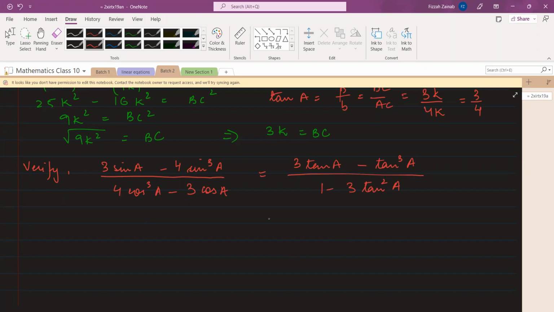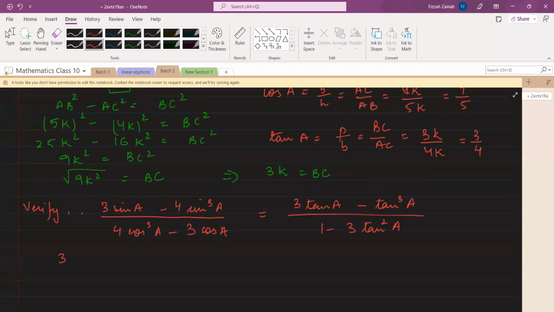So you can put it here also and then we will see whether it is equal or not equal, or separately also you can find out LHS and then RHS. So I'm just putting it directly, okay? So 3 into sine. What was the value of sine? Who will tell me? I've just found, right? 3 by 5. Okay, 3 by 5.